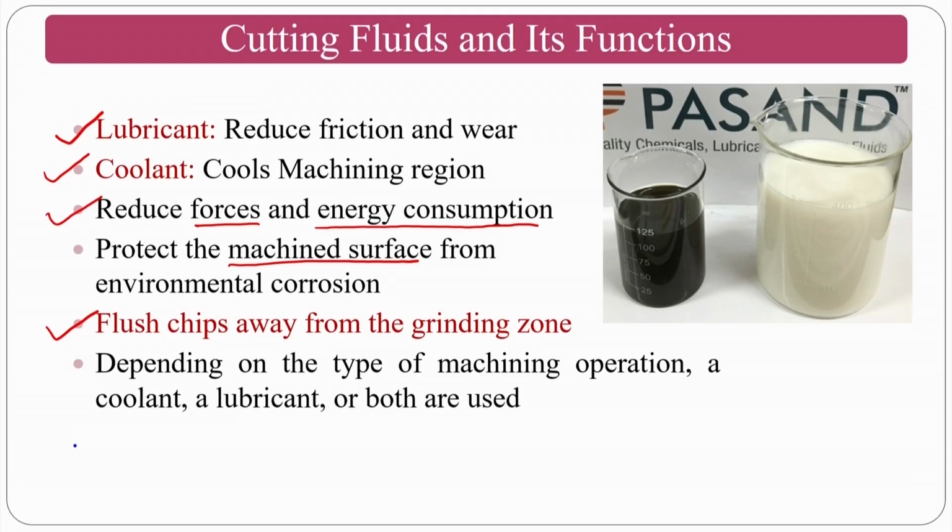Whenever you push the cutting fluid onto the grinding wheel, what will happen? There is a possibility that the wheel loading can be reduced, and debonding of this loaded material will occur and it can come out. In that way, chips can be flushed from the grinding wheel.